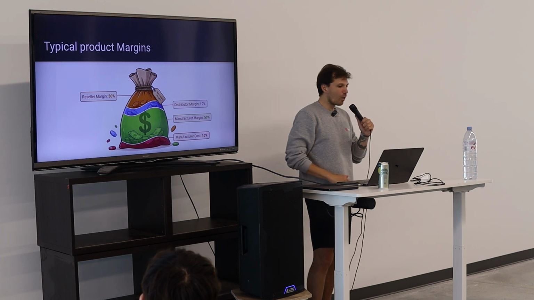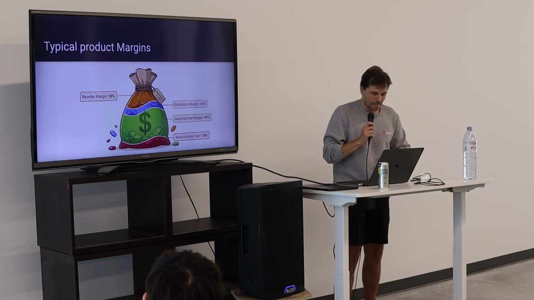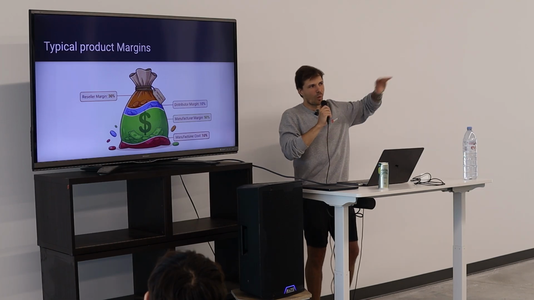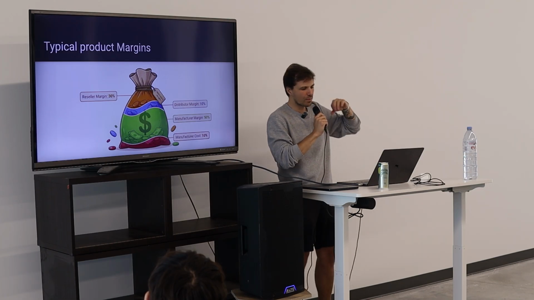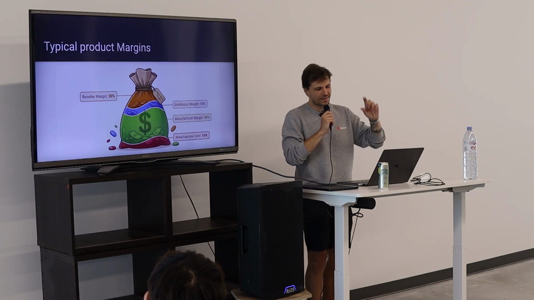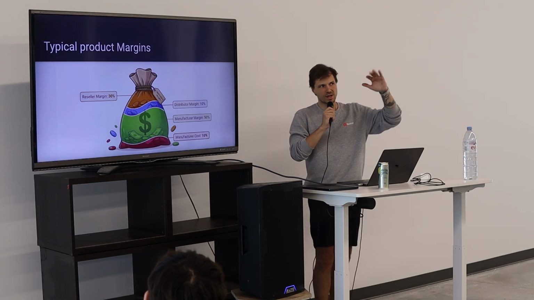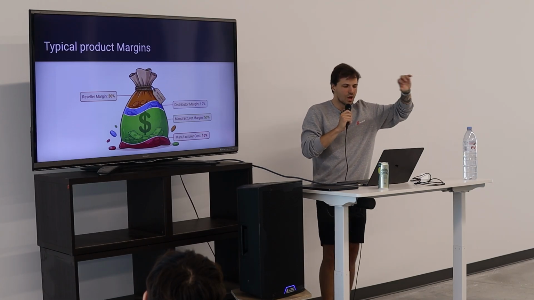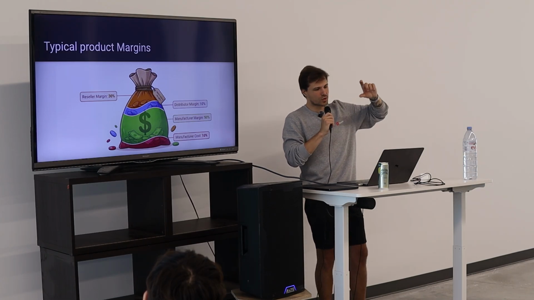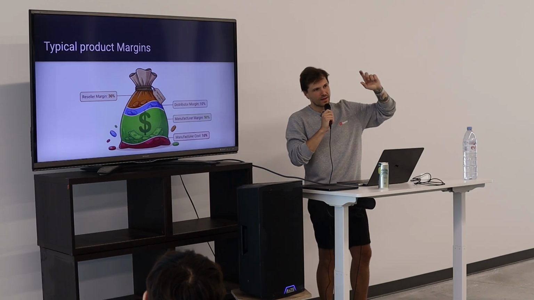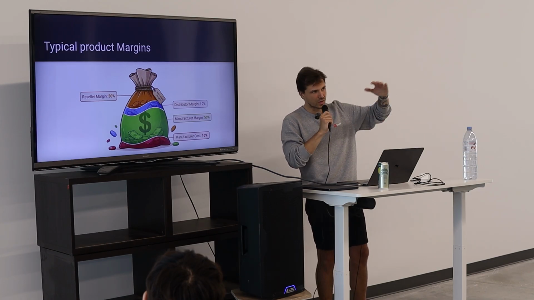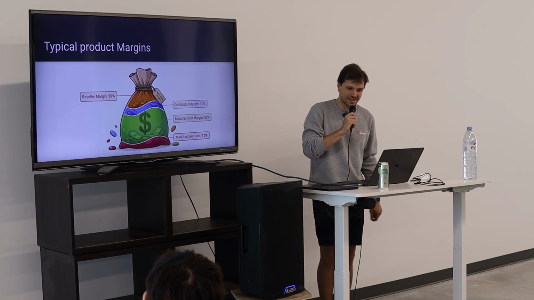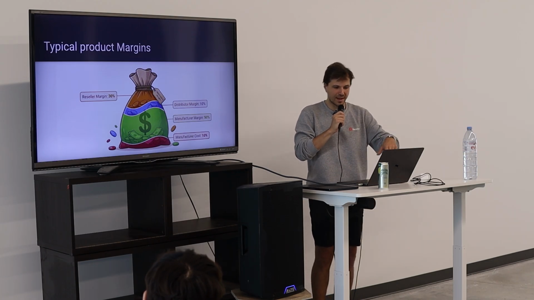Now, typical product margins. Obviously it varies from one manufacturer to another, but in general, let's say an item is being sold to the end user for $100. Normally, we try to have a 30%, or $30, that will be reserved for the reseller, the one who has the last sale, the relationship with the end user.